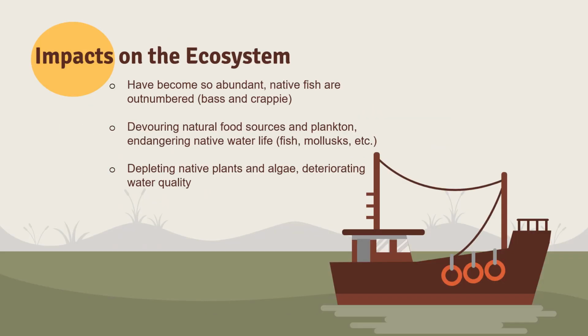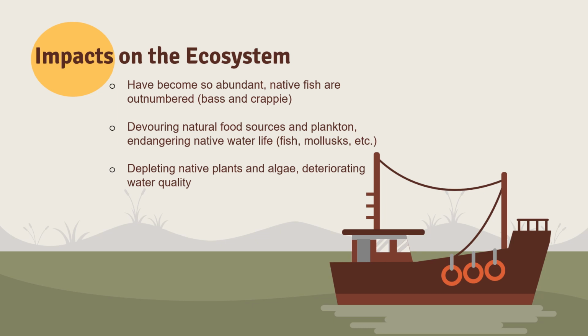So some of the negative impacts they have on the ecosystem, especially here locally in the Mississippi River, which is about 3 miles away from my house, the carp have become so abundant, the native fish are completely outnumbered. So as it says here, the bass and the crappie are being pushed out of their natural environment because there are so many carp. The carp are devouring the natural food sources and the plankton.